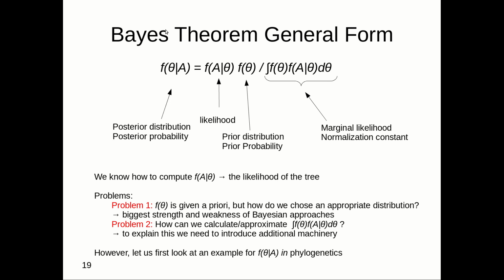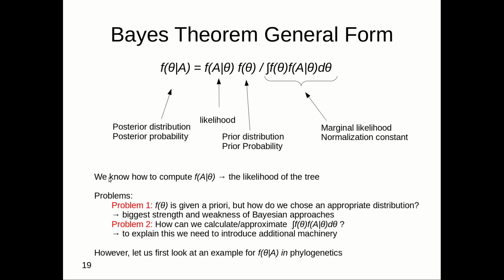So once again, we have this probability density function f of theta conditional on A, which is still the alignment, and we call this a posterior distribution or posterior probability. We have our likelihood, our prior distribution or prior probability, and then we have the marginal likelihood here, which now actually, as I said before, in the general case becomes an integral if theta contains continuous parameters. And so this is sometimes called marginal likelihood, or also just normalization constant.